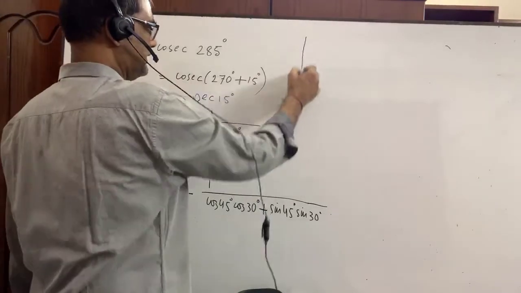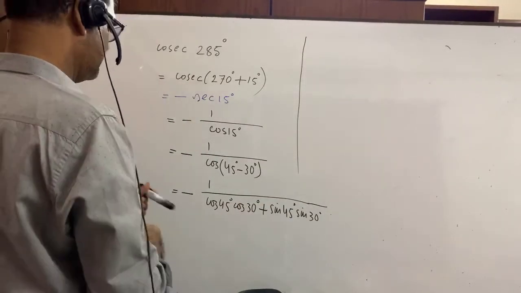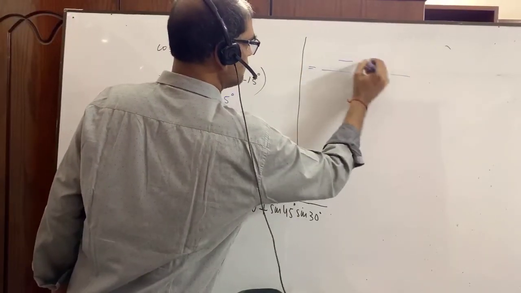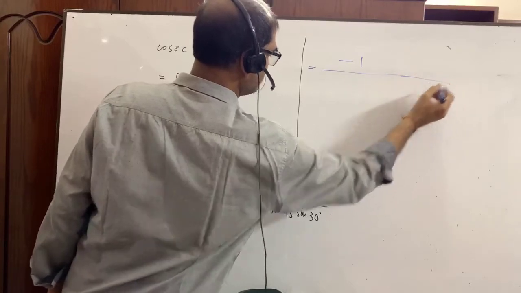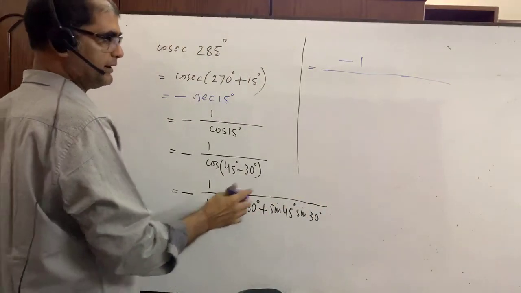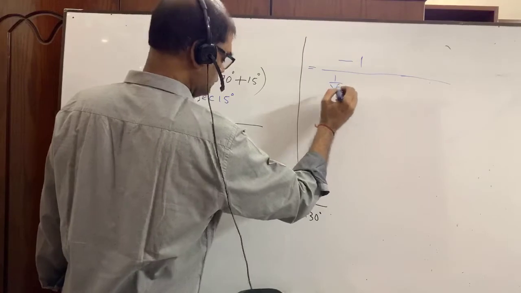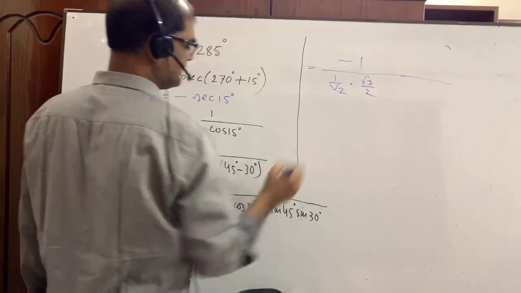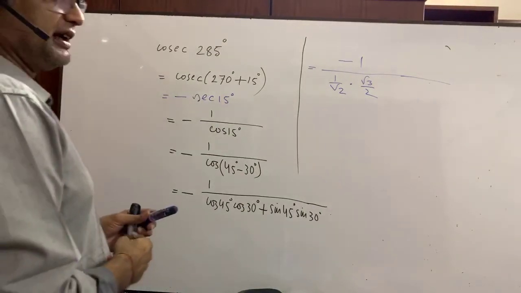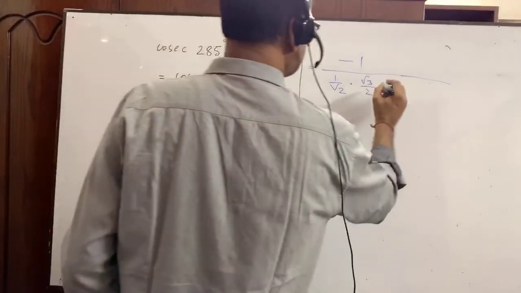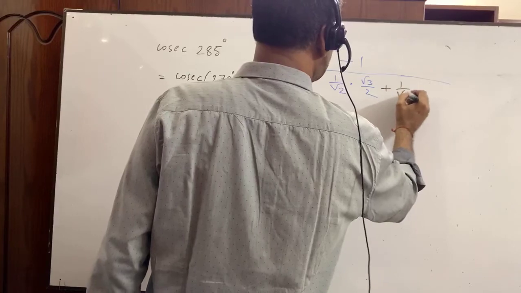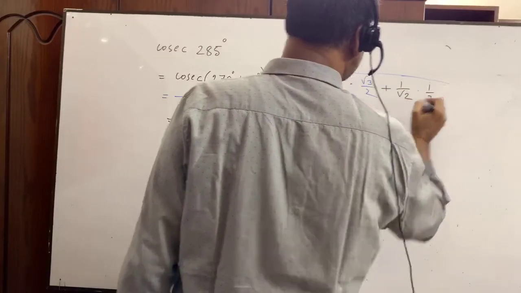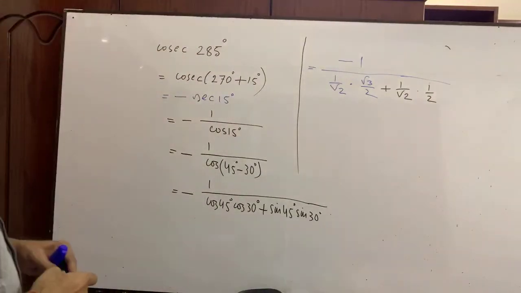If you put the value, you will get minus 1. Cos 45 degree is 1 by root 2, cos 30 is root 3 by 2, sin 45 degree is 1 by root 2, and sin 30 degree is half.